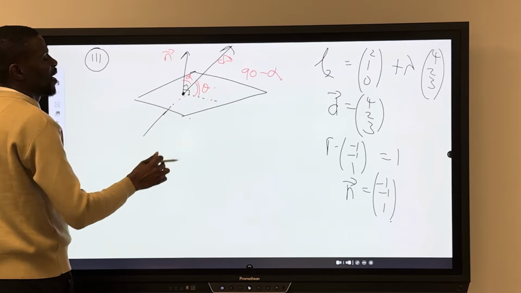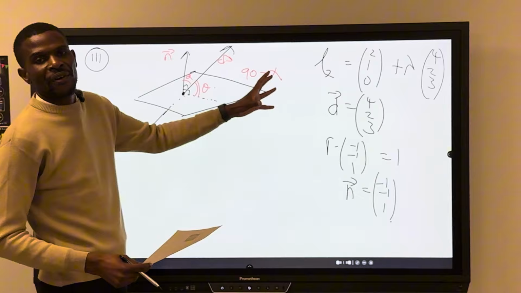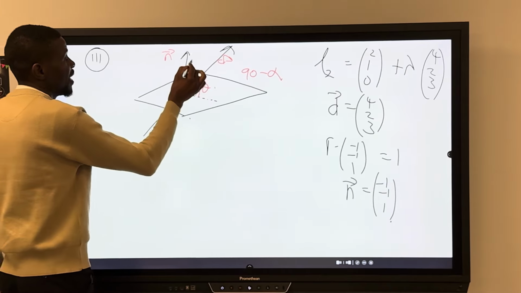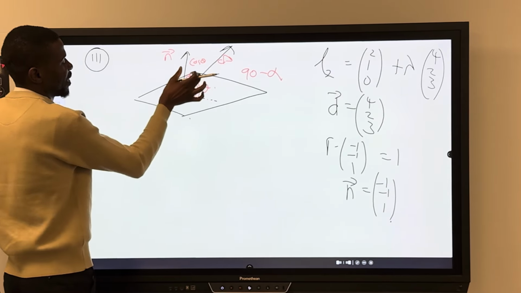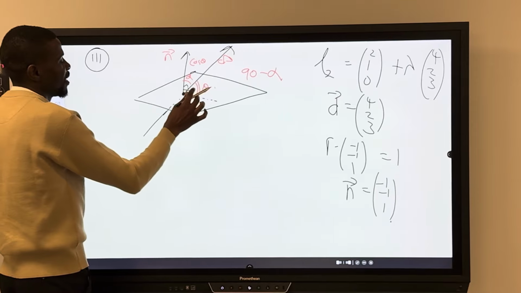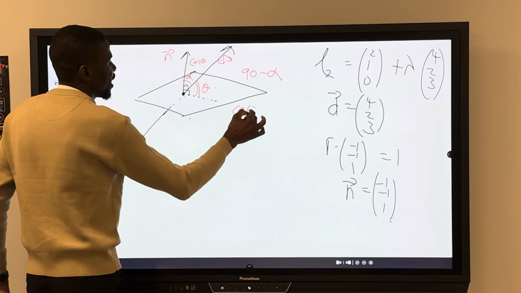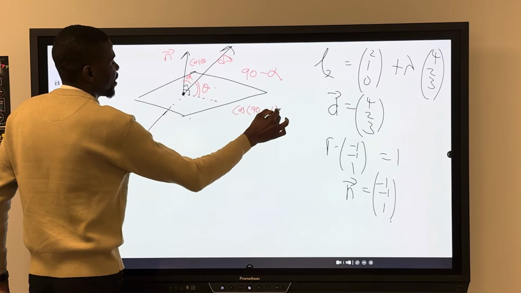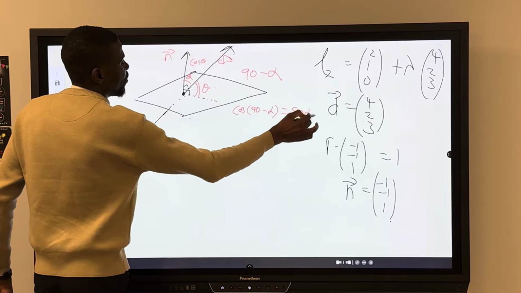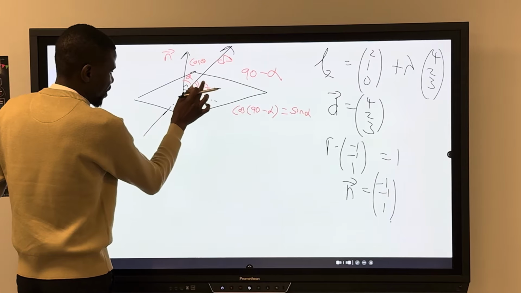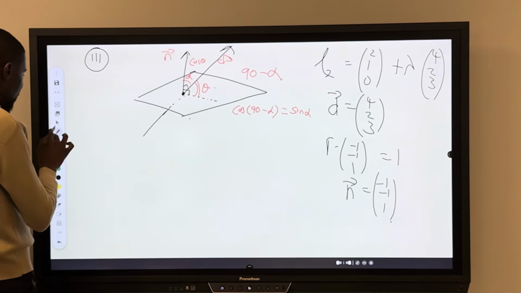But instead of us going this long route, for the angle between the normal and the direction vector we use cosine, but for this one, we just use sine, since we know that cos(90 minus alpha) is just equal to sine alpha. So let's just go ahead and use sine for this part here, right?